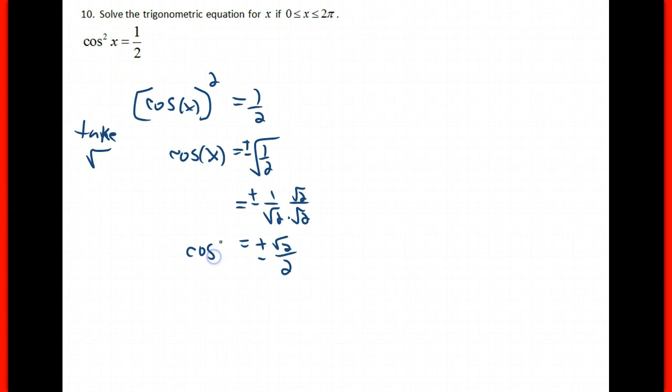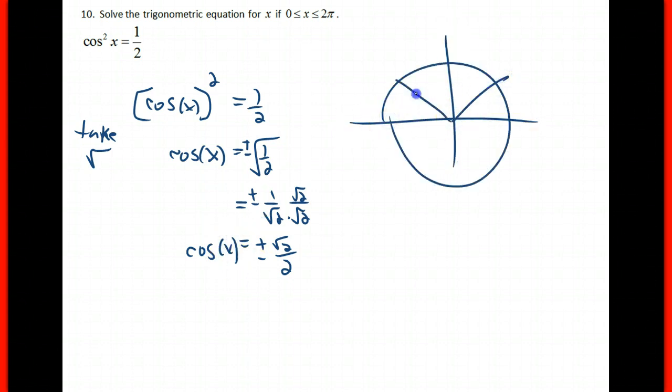So where does the cosine equal plus or minus root 2 over 2? On the unit circle, it's all the 45-degree angles in each quadrant. Pi over 4 in the first, 3 pi over 4 in the second, 5 pi over 4 in the third, 7 pi over 4 in the fourth.